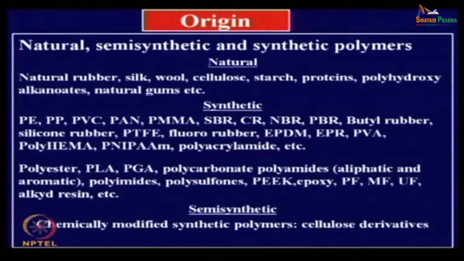Next category is synthetic polymers. When the demand for polymers could not be supported by the naturally occurring polymers, say natural rubber and other gums etc., was not sufficient, then people thought of preparing different types of polymers by an artificial route, for which they found some petroleum products, petroleum base.